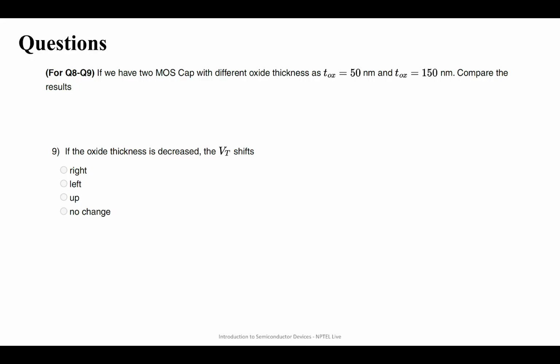Next, if the oxide thickness is decreased, the VT shifts right, left, up, or no change.